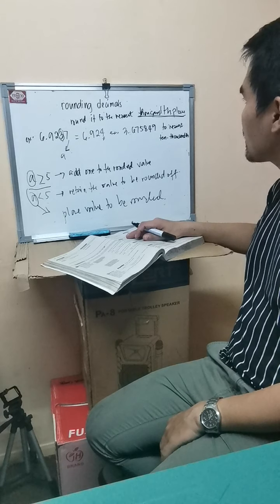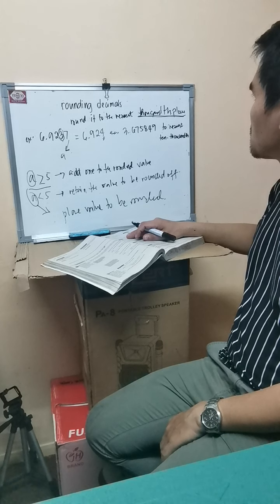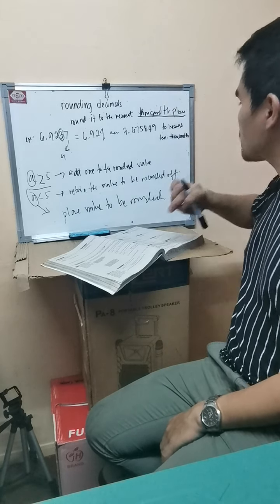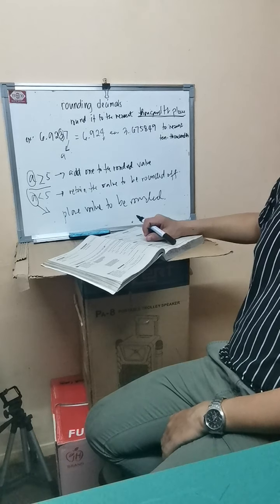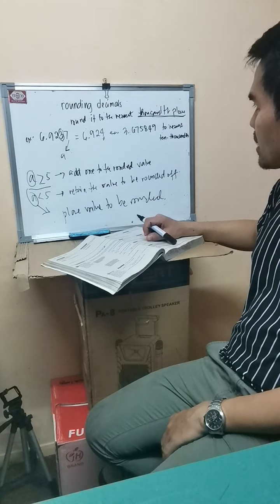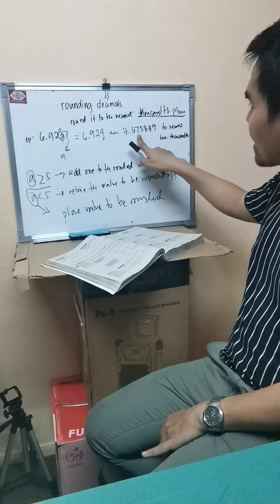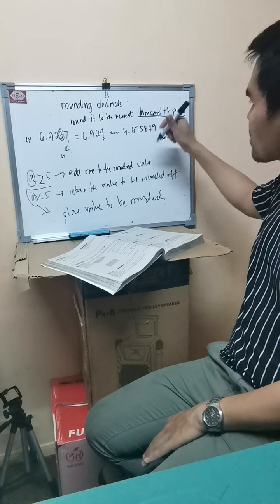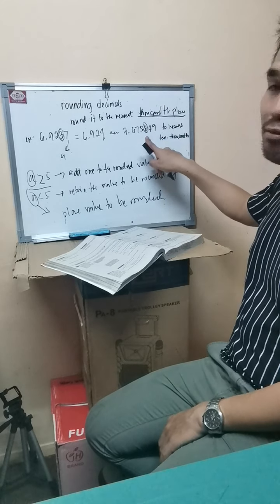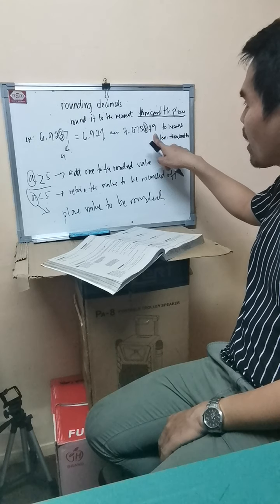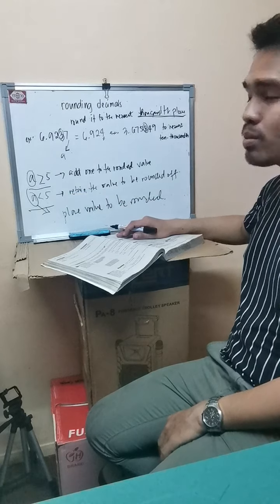Okay, the nearest thousandths. Okay, thousandths. So with that, let's identify what number we're actually rounding in this decimal notation. Tenths, hundredths, thousandths, ten-thousandths. So we're talking about 8 here. Therefore, we will look at the number after 8. The number after 8 is 4. And it falls on category number 2 here in our rounding rule.